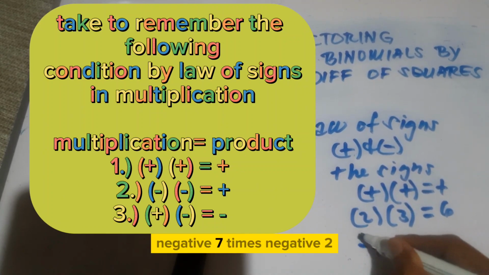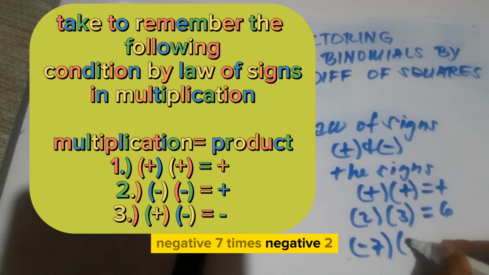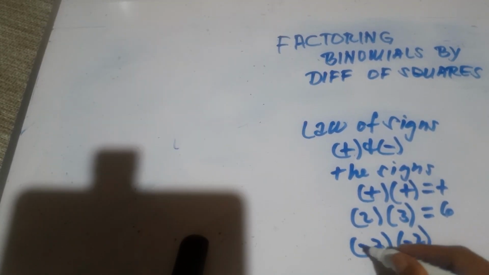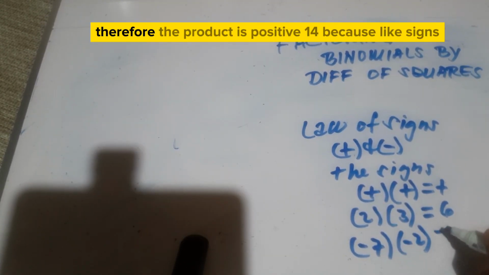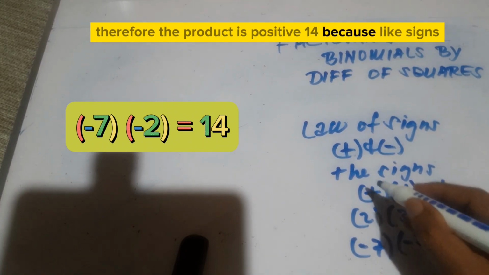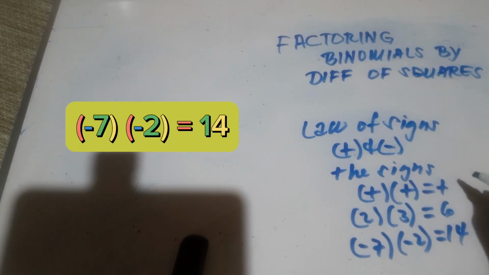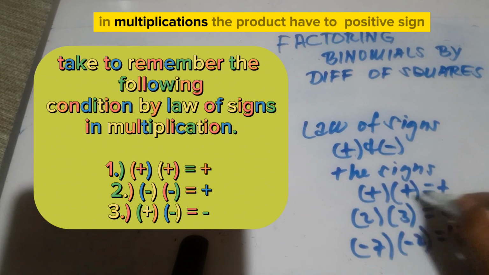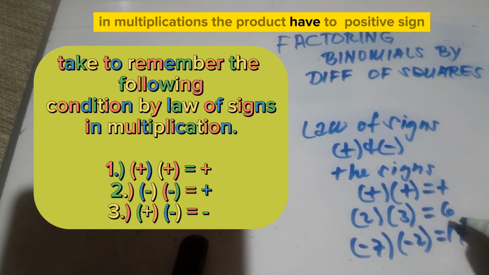Negative 7 times negative 2. The same sign. Therefore, the product is positive 14. Because like signs in multiplication, the product is positive.